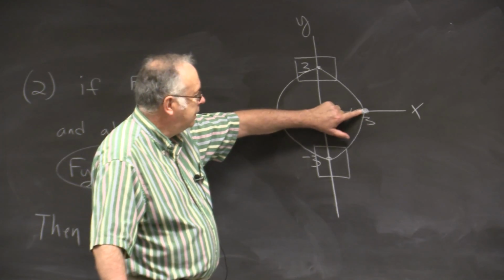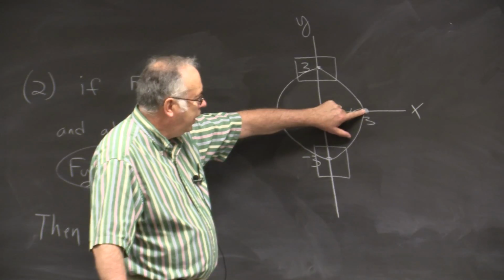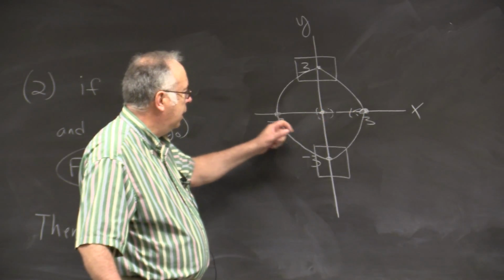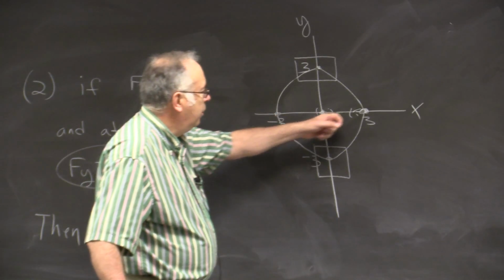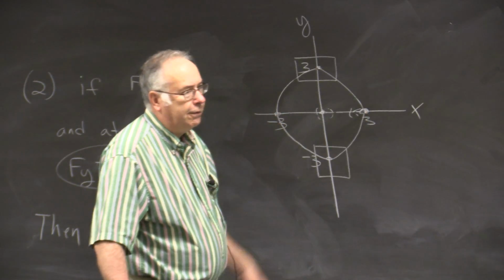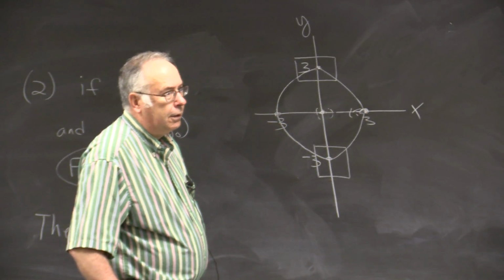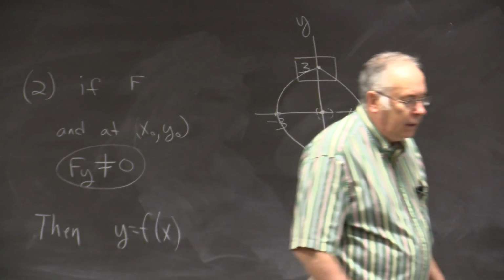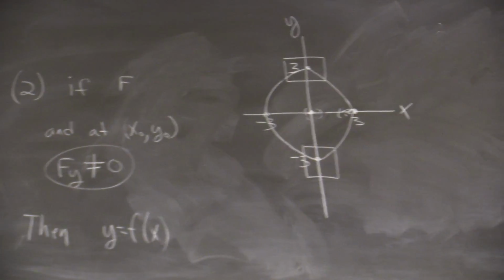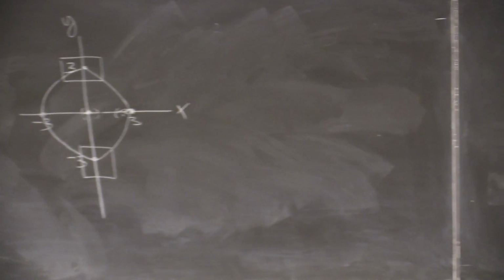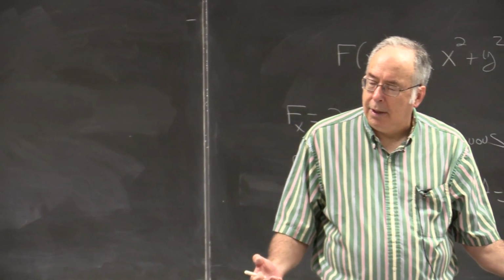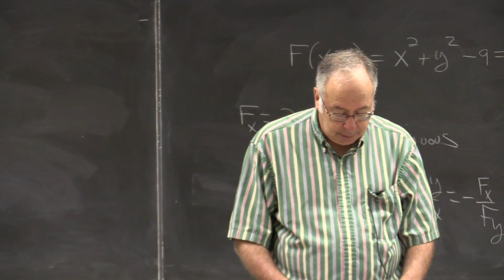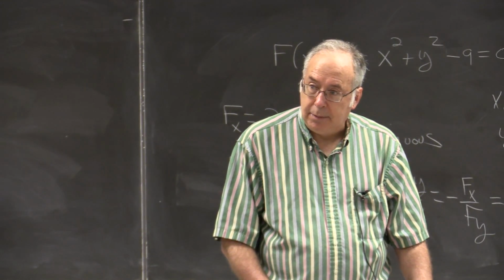So the only points you can't pick are x equals 3 or x equals minus 3, because then there's no neighborhood around this point where y is a function of x. As long as you don't pick one of those extreme points, there's going to be a neighborhood around x where y is a function of x.